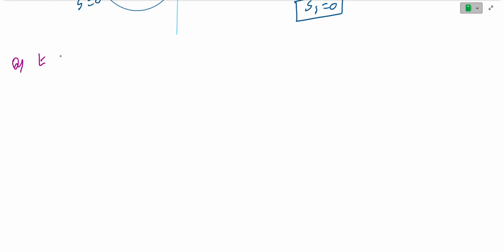Find the equation of the tangent to the circle x square plus y square is equal to 25 from the point 3 comma 4. From this point 3 comma 4 we have to find the equation of the tangent to the circle.